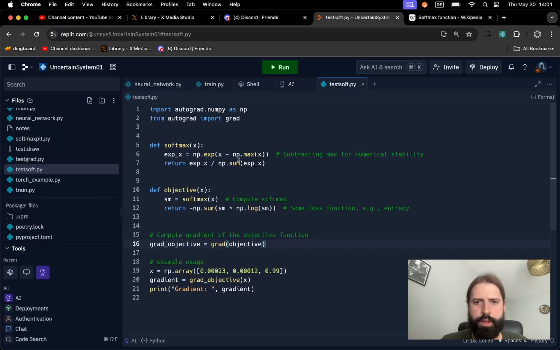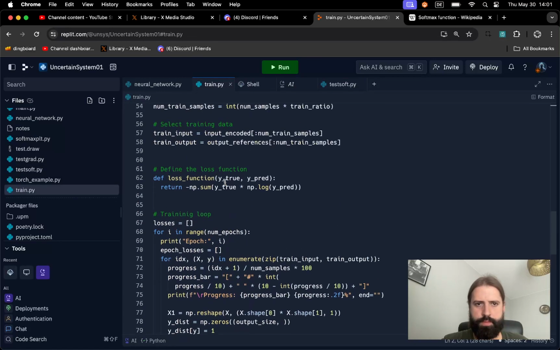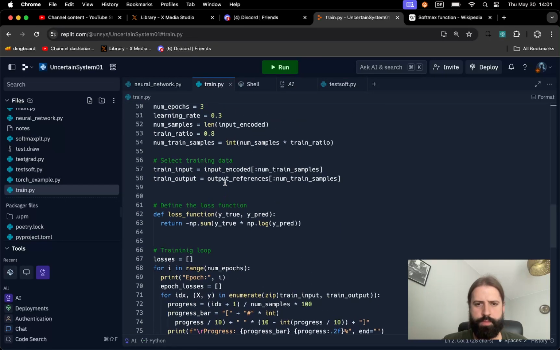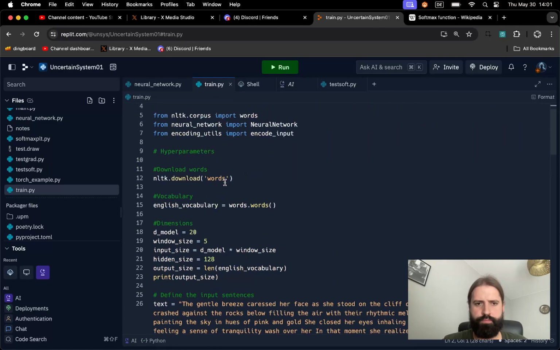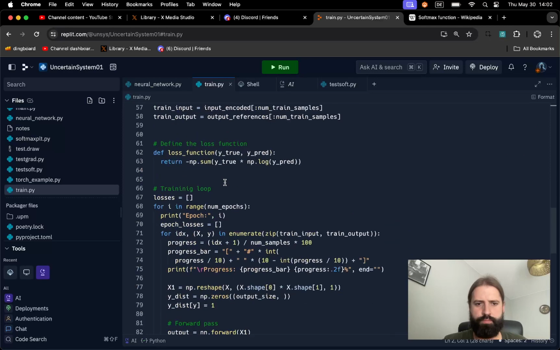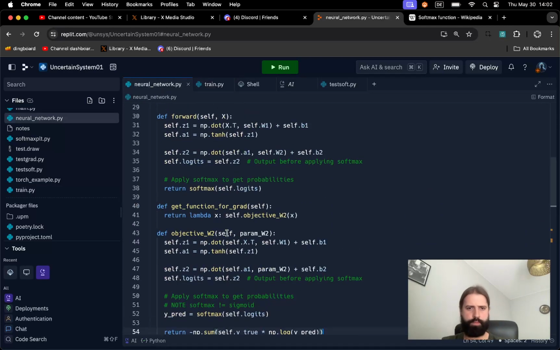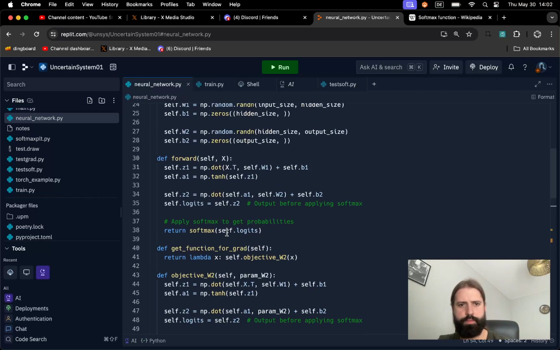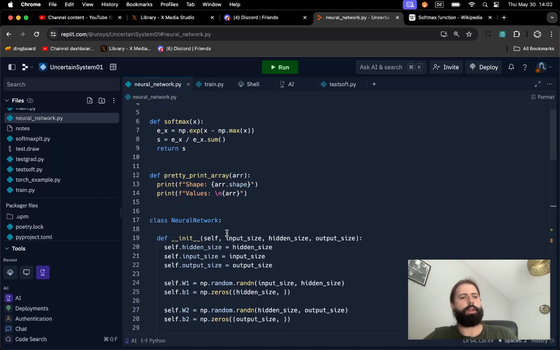Softmax. How is softmax defined? I don't know, man.